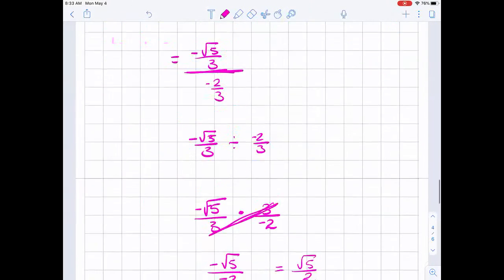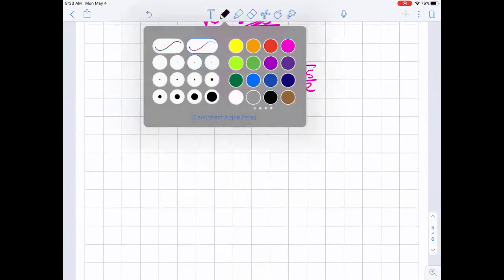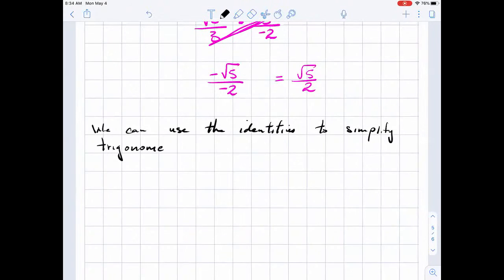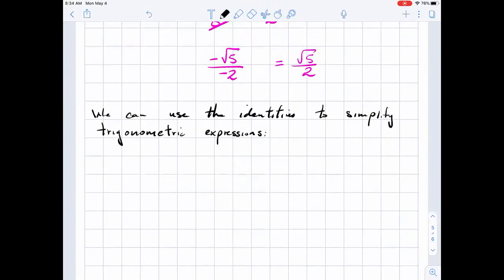So we can also use identities to simplify trigonometric expressions.